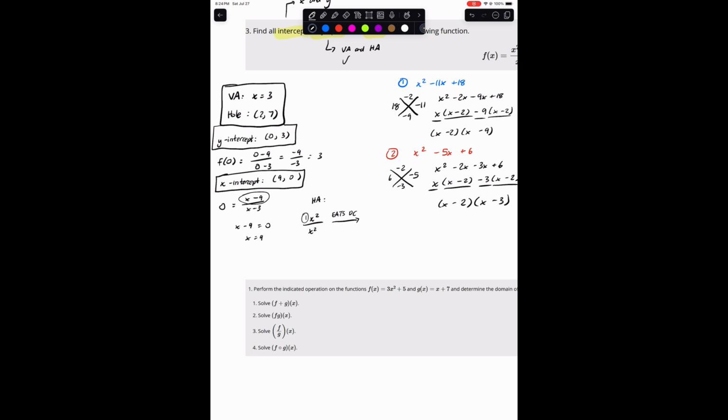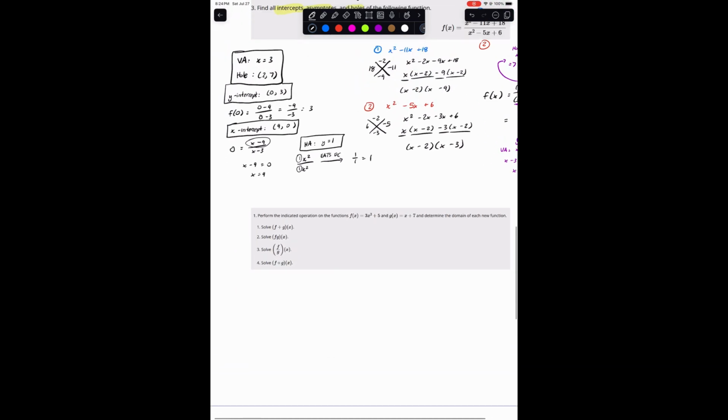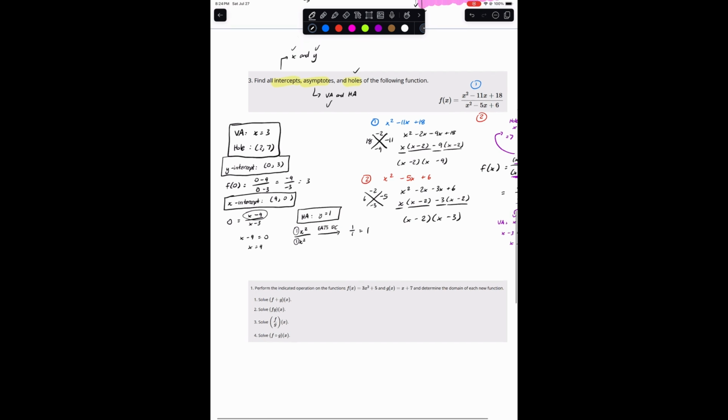Our coefficients will be 1, right? They're implied because it's not explicitly written out. So 1 over 1 equals 1. So our horizontal asymptote is y equals 1. And that is it for question 3, because that is everything here.